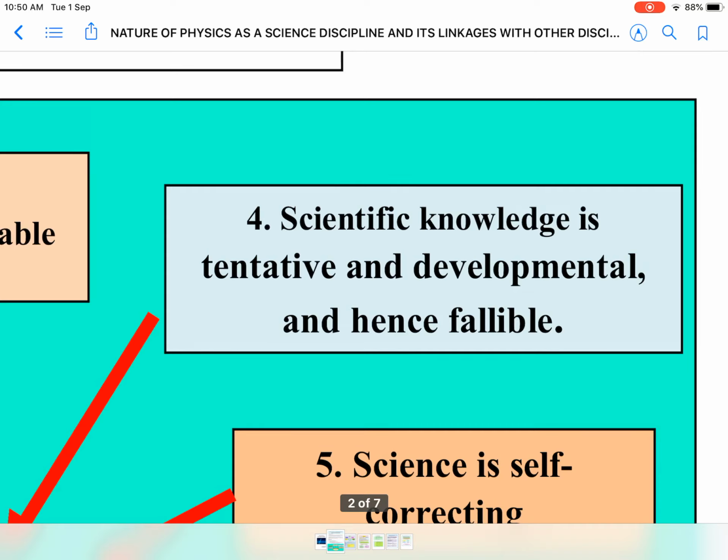Because in a general phenomenon also, if we plant a mango seed, a mango tree will come out. If we plant banana seeds, a banana tree will come out. If you plant orange seeds, an orange tree will come out.